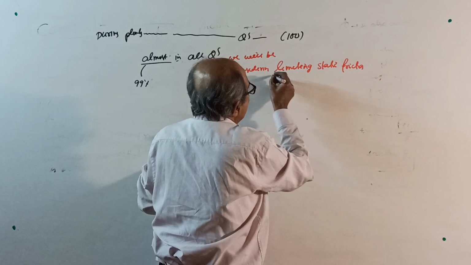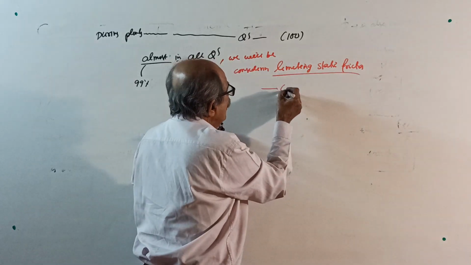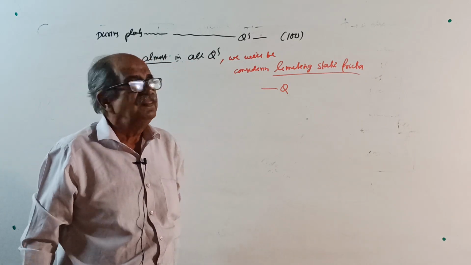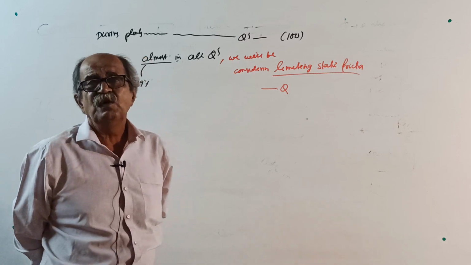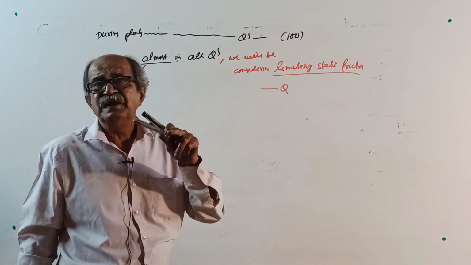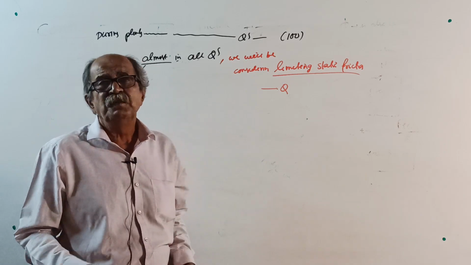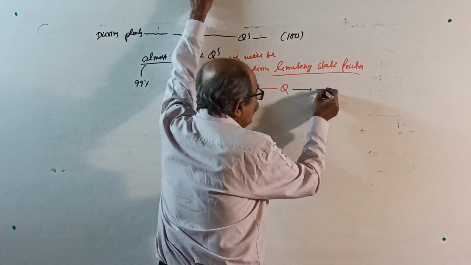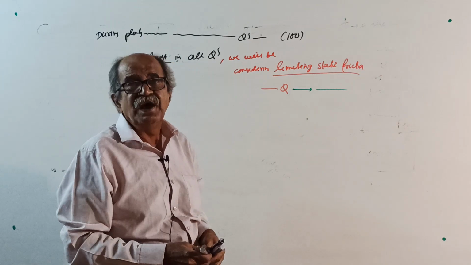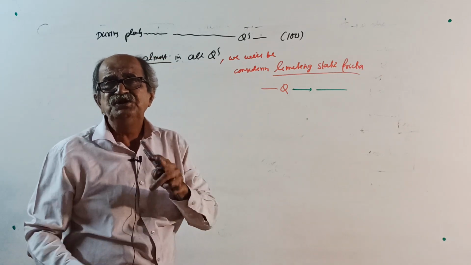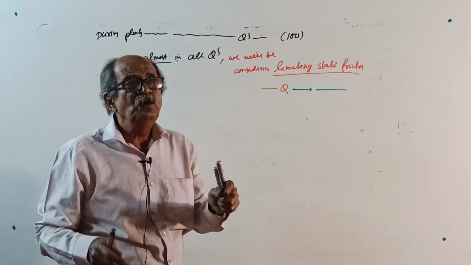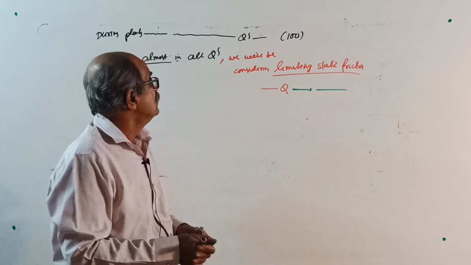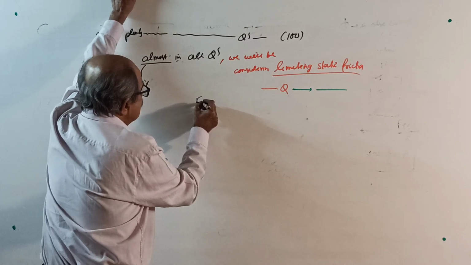From now up to the end of the chapter, 99% of questions will be such that you have to consider the body on the verge of moving. It has not yet moved; on the verge of moving means about to move, so equilibrium is still there.